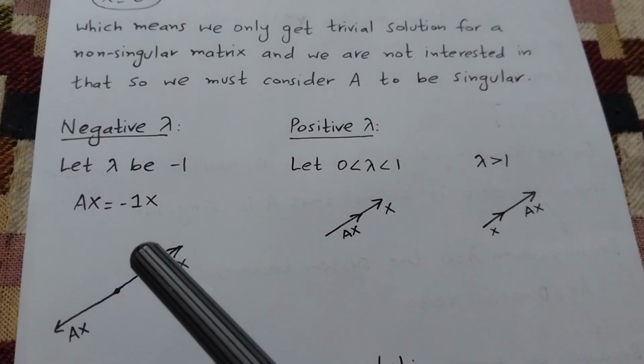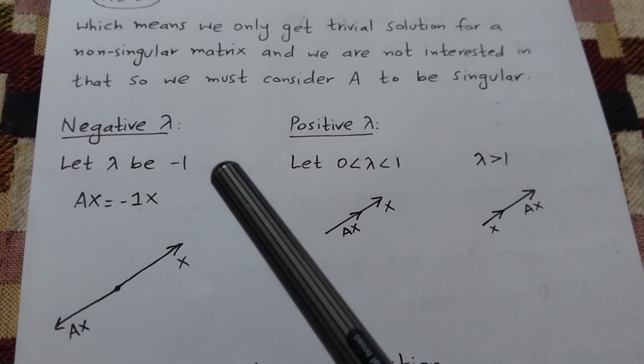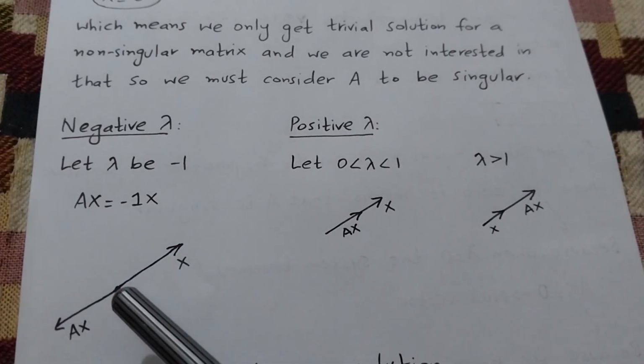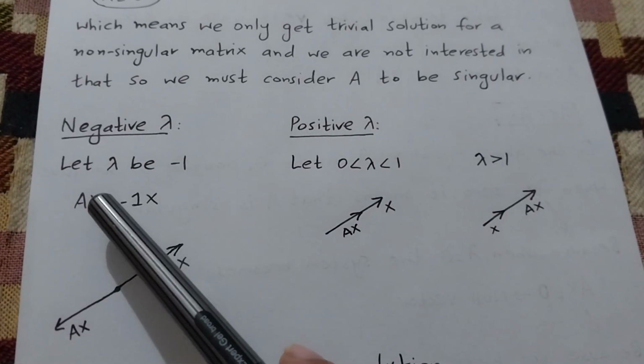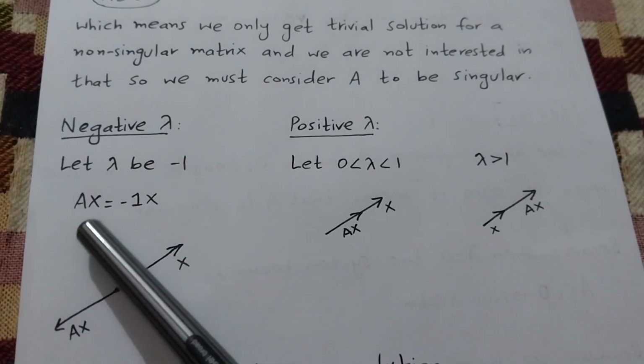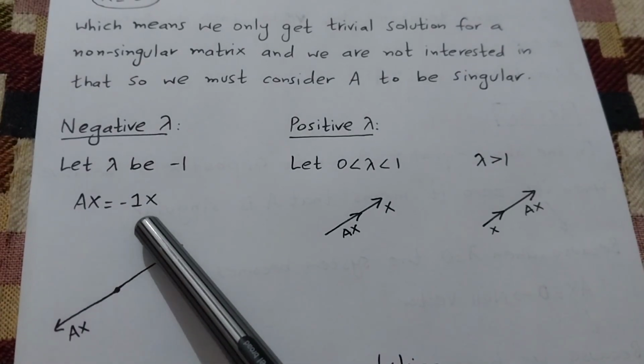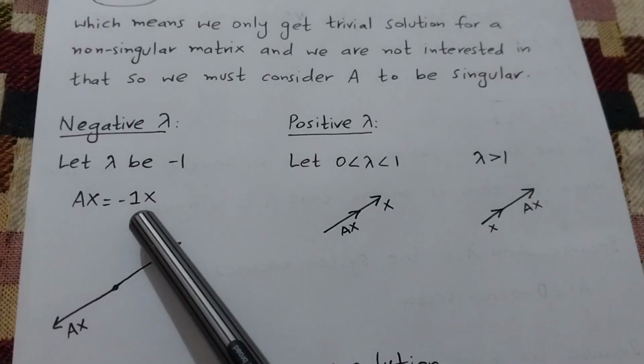So we have seen the case of lambda is equal to 0. Now we'll be taking negative lambda and positive lambda. For negative lambda, let's consider lambda to be negative 1. So the equation will become ax is equal to minus 1 into x. So what does this tell us?